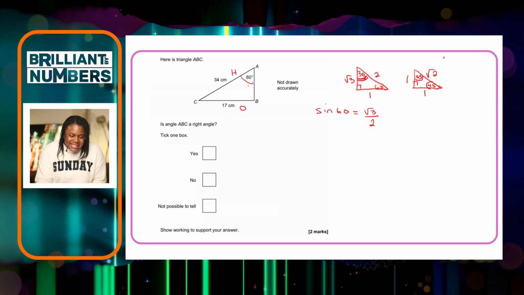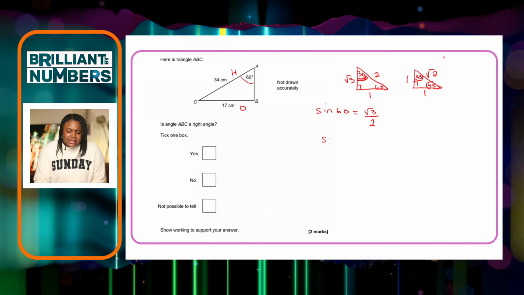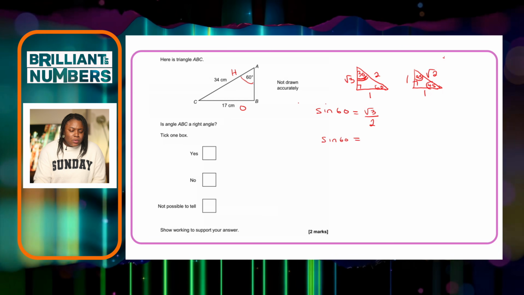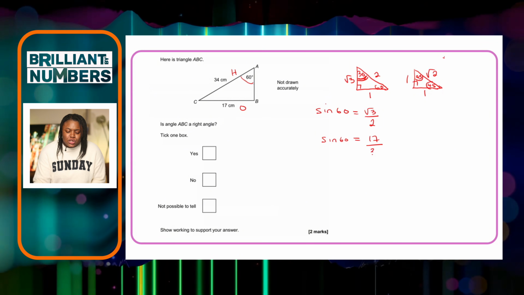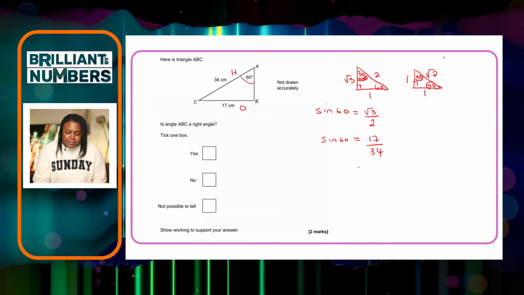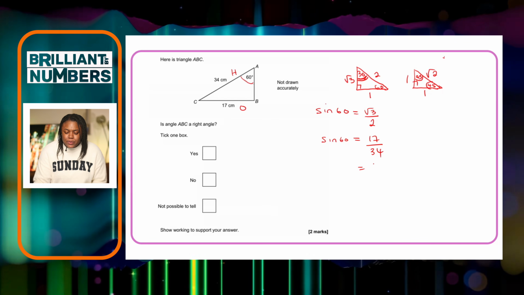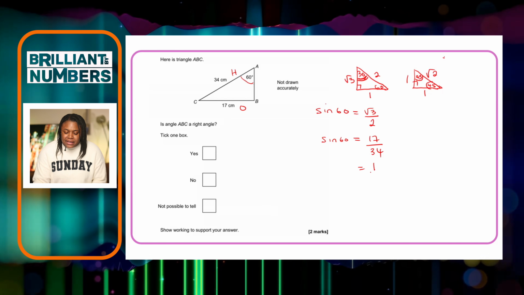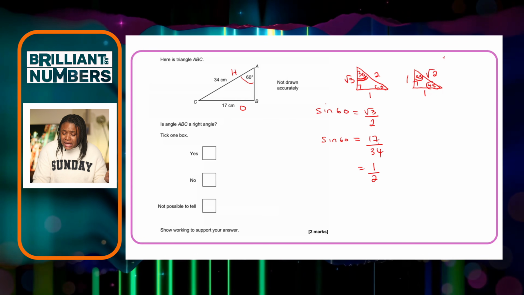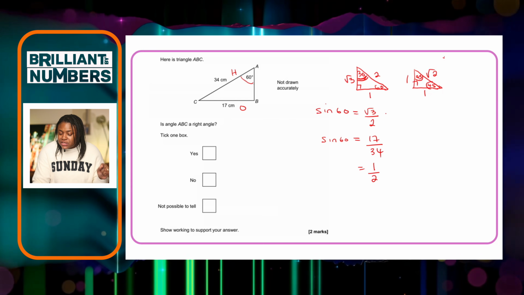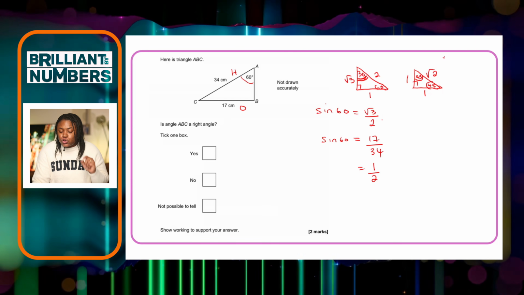From this diagram on the triangle, sine 60 would be equal to the opposite, which is 17, over the hypotenuse, which is 34. If we simplify this, 17 into itself once, into 34 goes 2. So the answer is a half from the triangle and not the original value of sine 60, which should have been root 3 over 2.